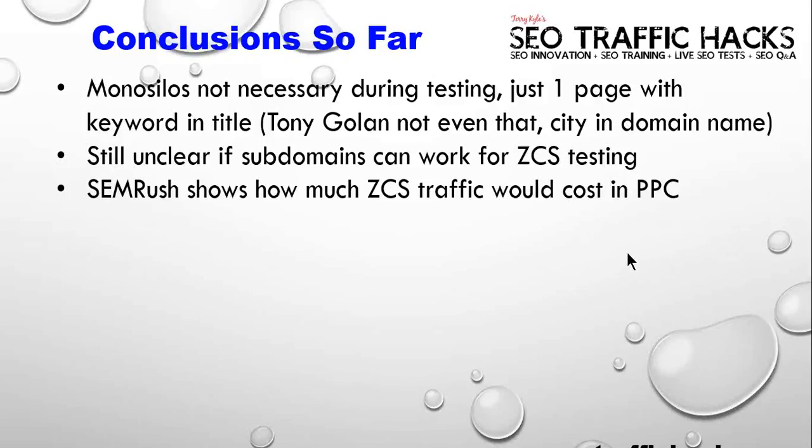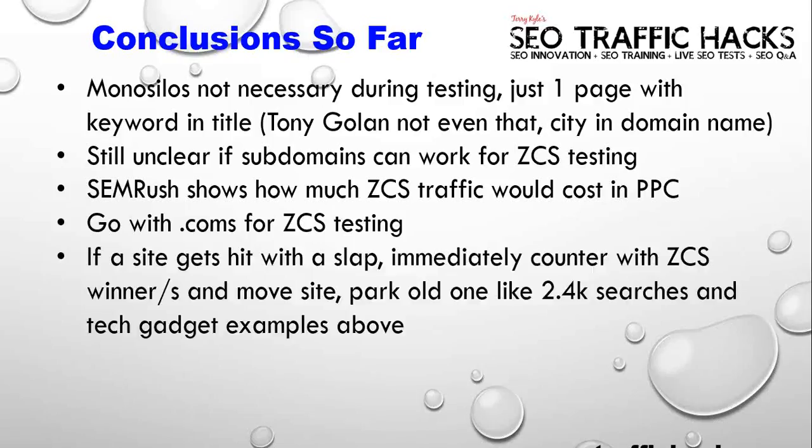there. Obviously, you can use SEMrush to show you how much that zero content traffic will cost in pay-per-click. Go with .coms, that's what I've got the best results with overall where you're testing. If a site gets hit with a slap, immediately counter with the zero content SEO winner or winners and move the site up, the old one, like that one that was getting 2.4 thousand searches, different organic terms in the tech gadget example above.